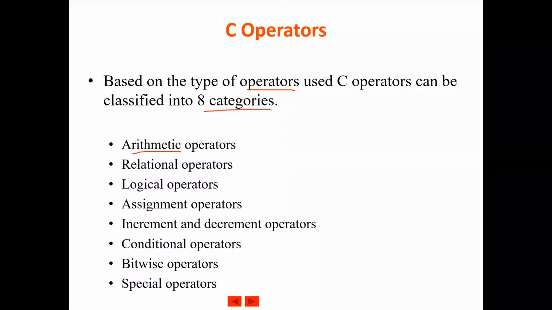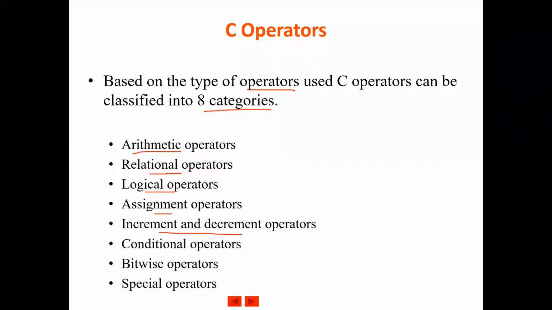Then come the relational operators, the logical operator, the assignment operator, and increment and decrement, which we already studied: i plus plus, i minus minus, even in the while loop and for loop we have used them, right? Increment and decrement operator. Conditional operator.